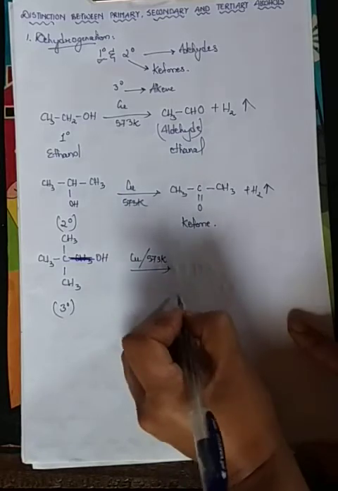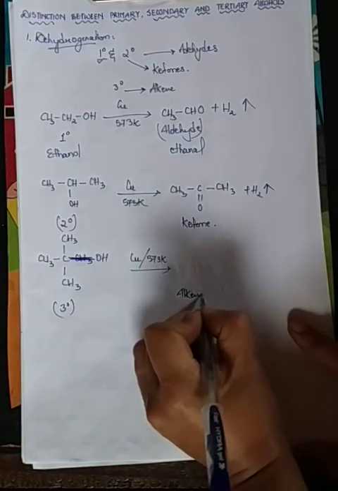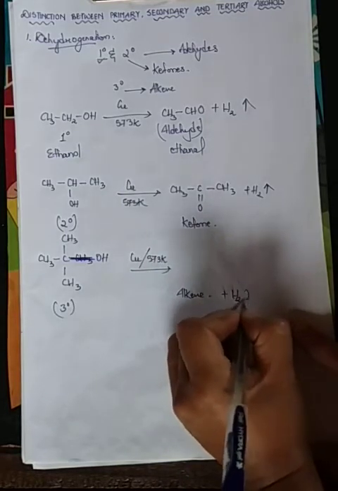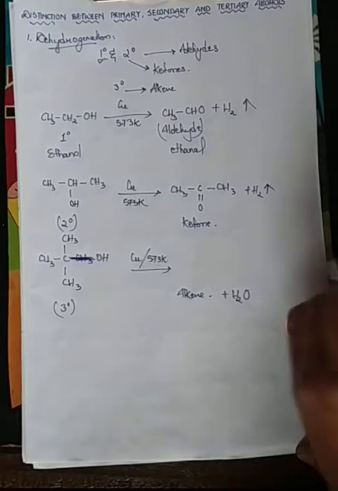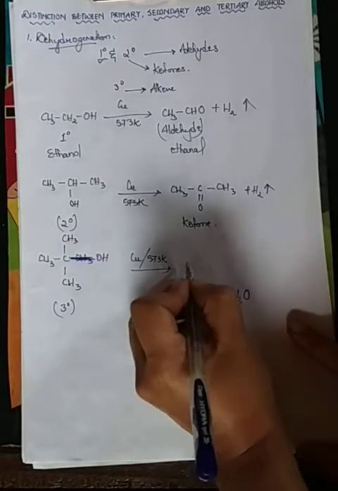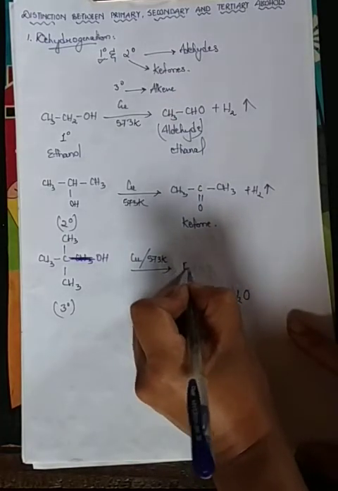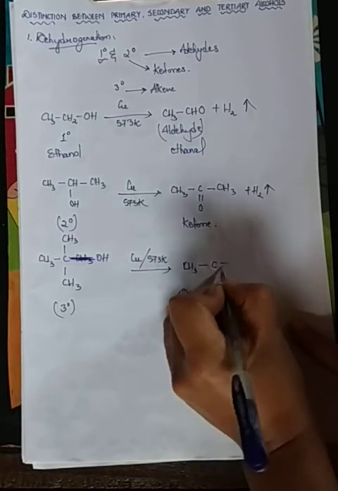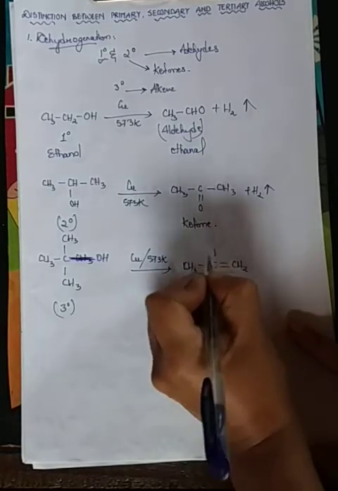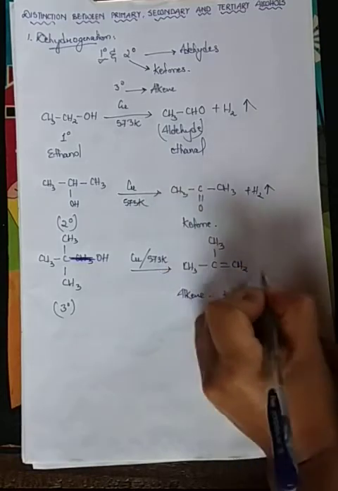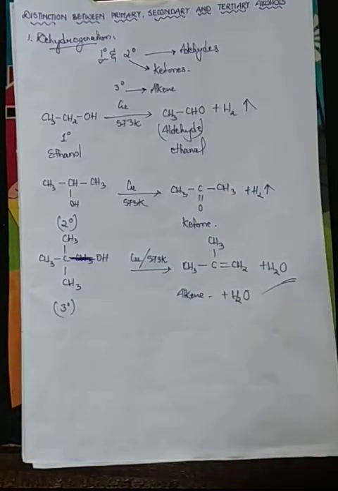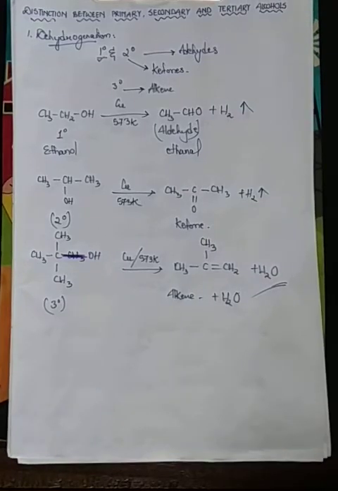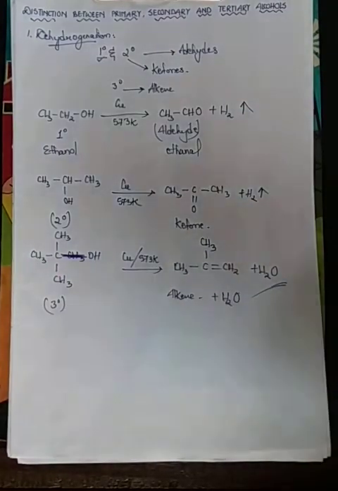It will give us an alkene along with the removal of water, because tertiary alcohols undergo dehydration due to loss of water. Here we will be getting CH2 double bond CH3 and then H2O. Therefore, this is the dehydrogenation reaction of our alcohols.